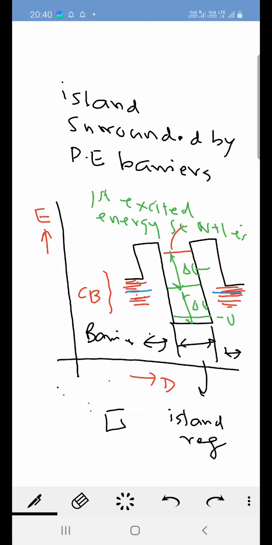And there is a metal contact on both sides.